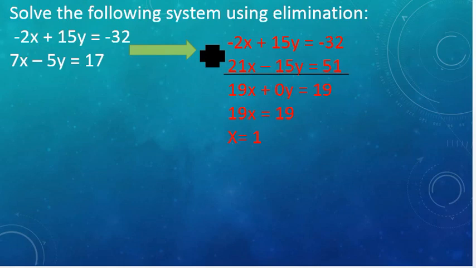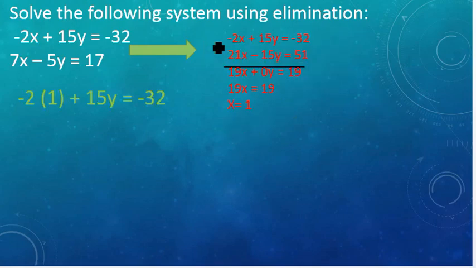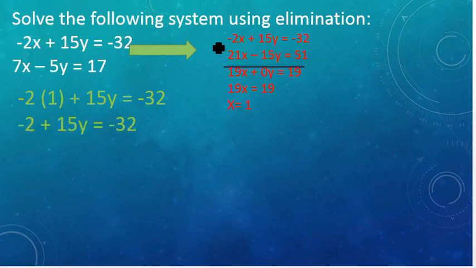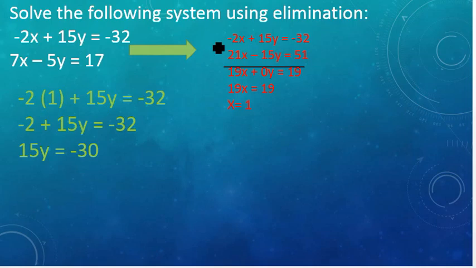Now plug that into the other equation and solve. You're solving for y now. You should have y equals negative 2. Your point is 1, negative 2.